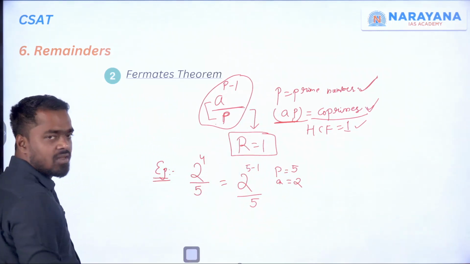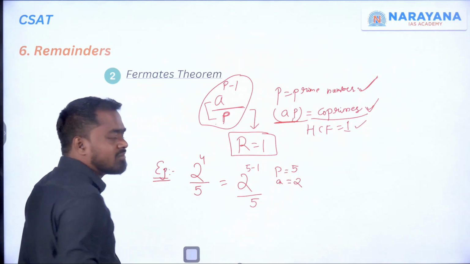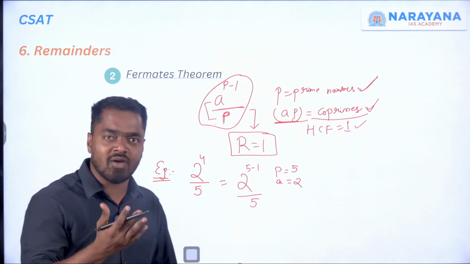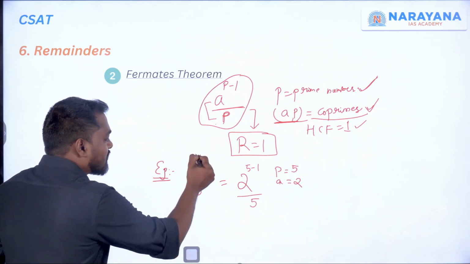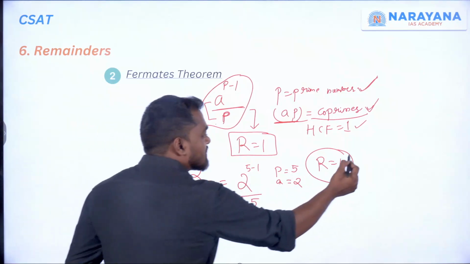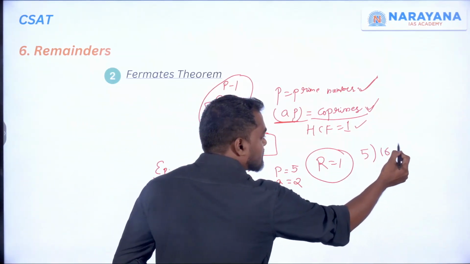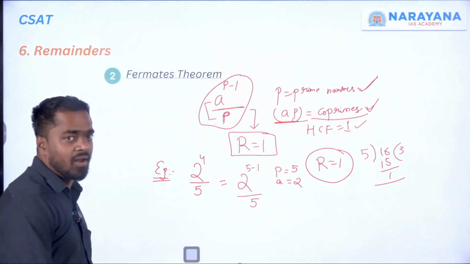The condition is satisfied. There are no common factors for 2 and 5 except 1. So 2 and 5 are co-primes. Now what is the remainder for this case? Always 1. If you want to check, you can check. 2 to the power 4 is 16. 5 3s are 15. You are getting a remainder of 1.